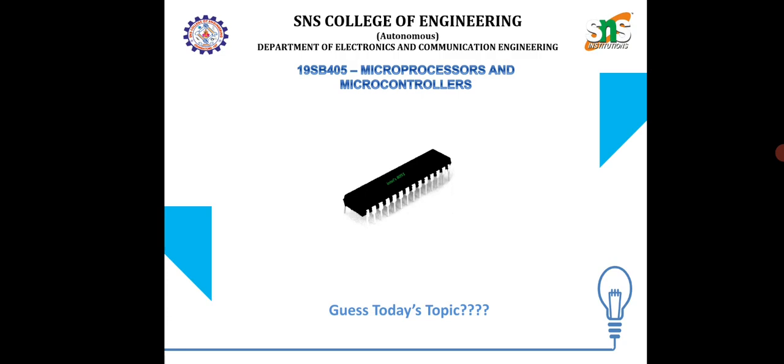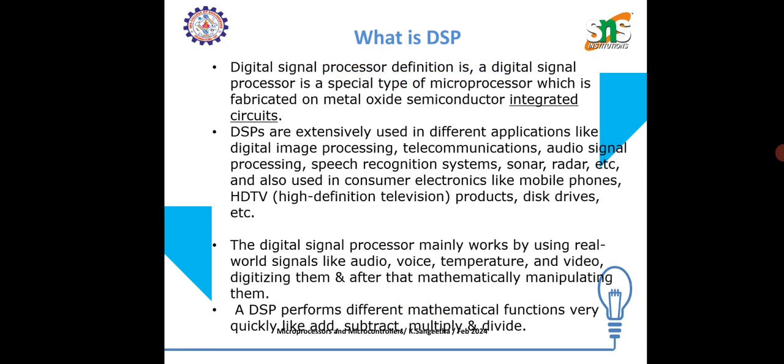So today we are going to see about the DSP, that is Digital Signal Processor. So what is DSP? It is a specialized type of microprocessor chip designed specifically for processing digital signals such as audio, video, speech or any other type of data that is represented in a discrete form.